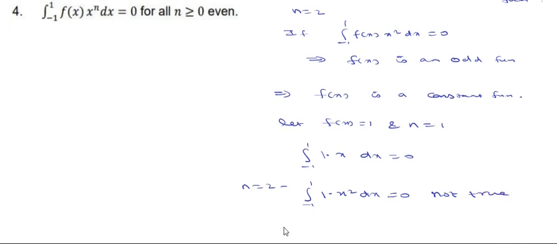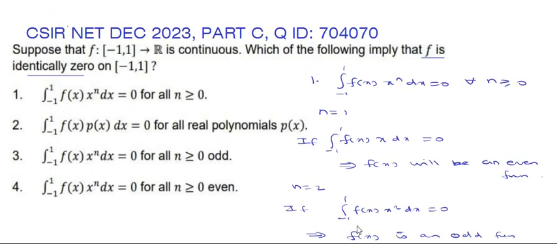Therefore f(x) equals 0, so f(x) is identically equal to 0, and the statement is true. Therefore option 1 is correct.